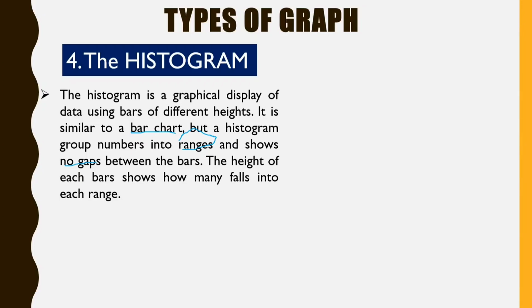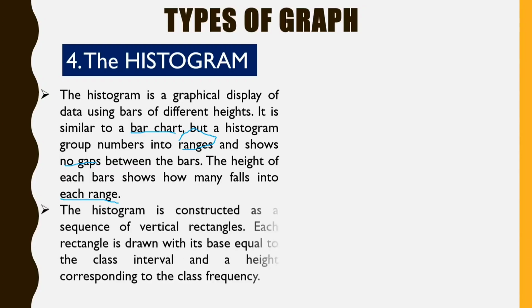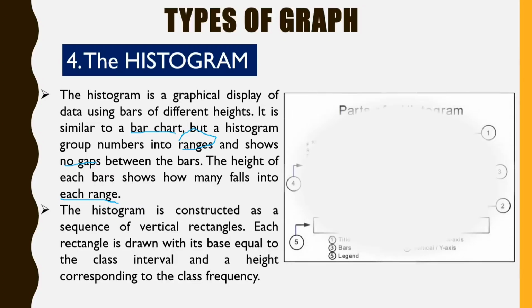The height of each bar shows how many fall into each range, or simply the frequency. The histogram is constructed as a sequence of vertical rectangles. Each rectangle is drawn with its base equal to the class interval and a height corresponding to the class frequency.